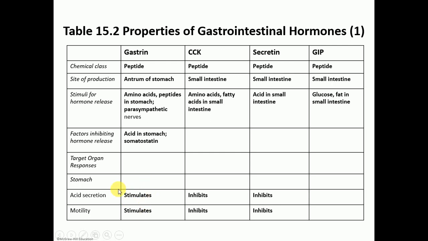Gastrin is going to stimulate and increase the acidity and the motility in the stomach. So gastrin that comes out of the stomach, anything related to the stomach is kind of termed gastric. Okay, it will also increase your secretions of the stomach and gastric motility.